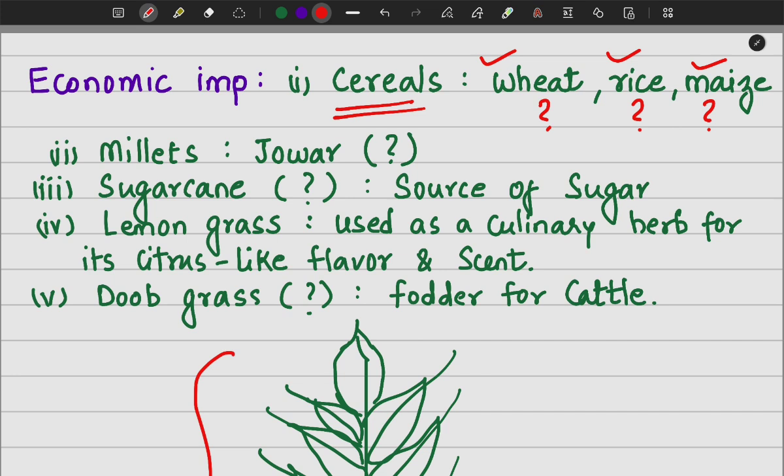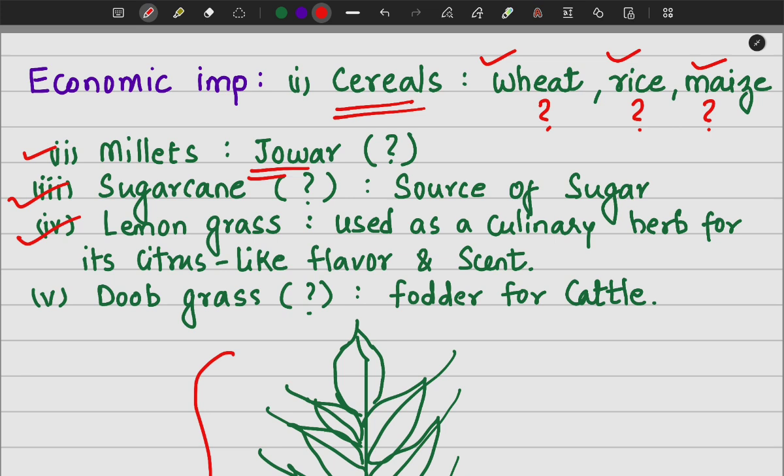Another important group are millets. An example is jowar. Write down its scientific name. Another plant, sugarcane. Please write down the scientific name, which is the source of sugar and jaggery. Then the lemongrass, which is mainly used as a culinary herb for its citrus-like flavor and scent.